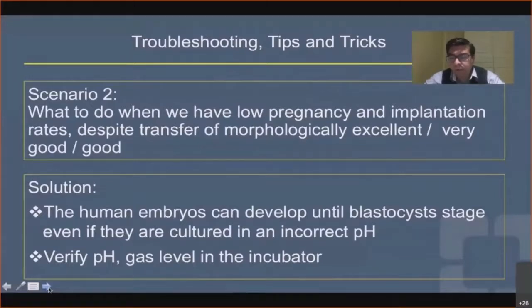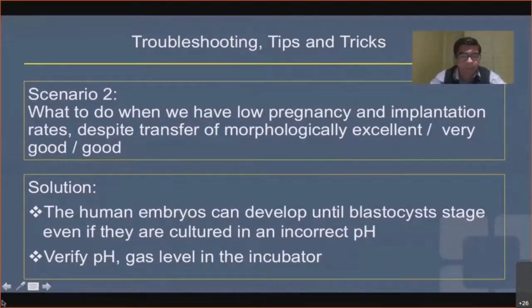Sometimes we observe acceptable embryo development, but the pregnancy and implantation rates may expose this problem. So verify that the pH and also the gas levels in the incubators are appropriate. Also change the batch of the culture media as soon as possible if it is possible. Also change the batch of the mineral oil too.